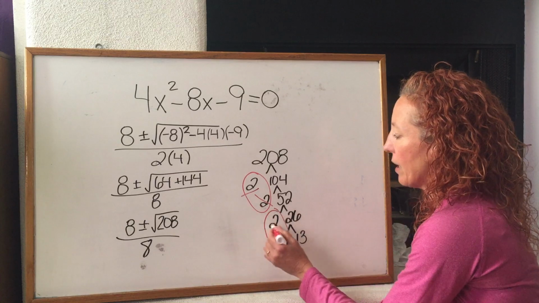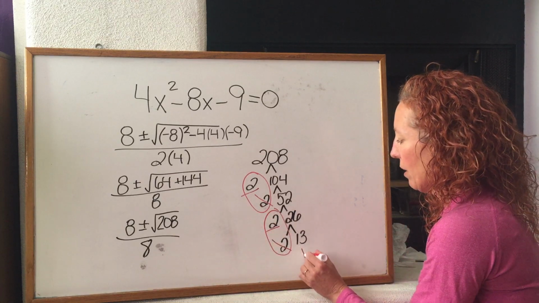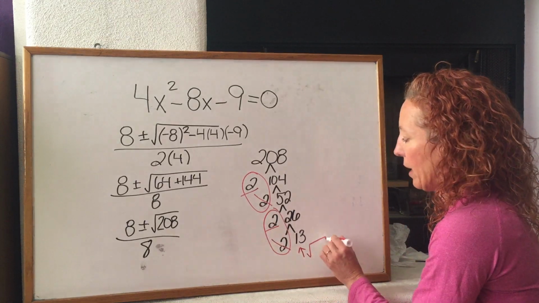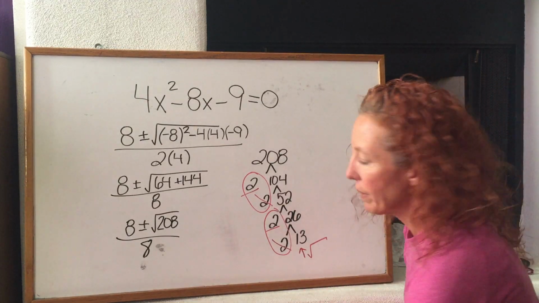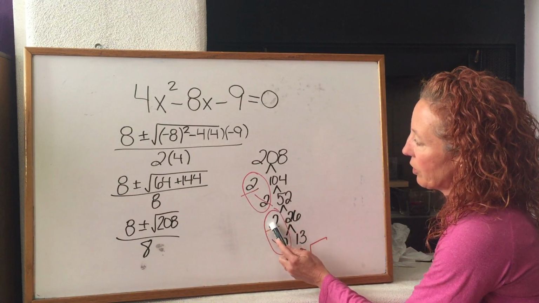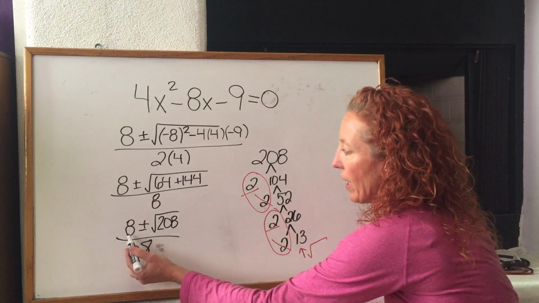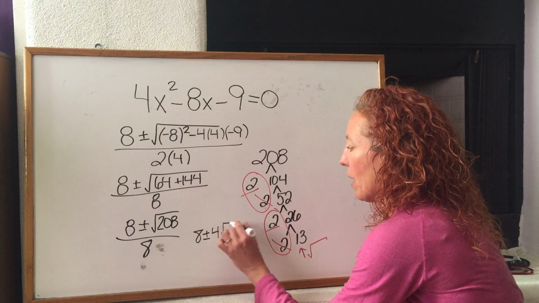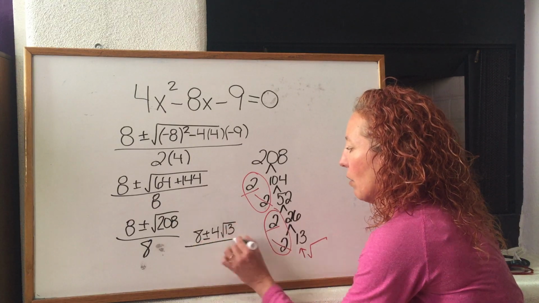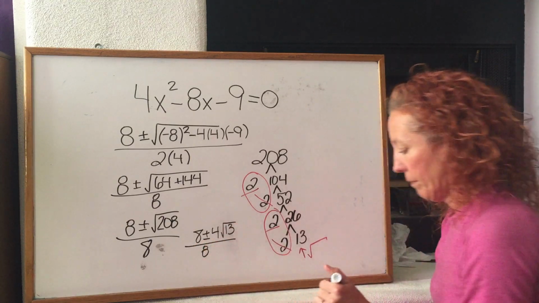So that breaks out, that breaks out. This is still under the radical. Oops, excuse me. All right, so I'm going to rewrite. 2 times 2 is 4. So I have this 8 plus or minus 4 radical 13 over 8.